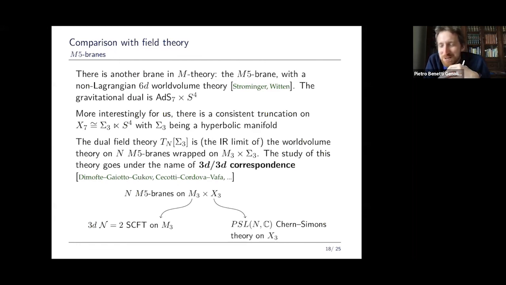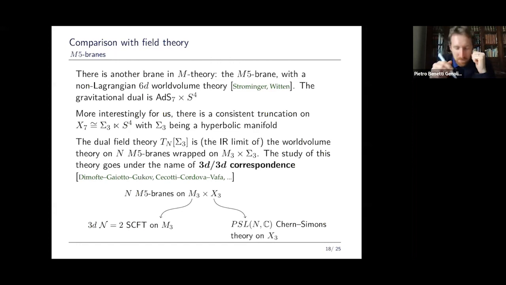Cool. These are just words that fill your mouth and your papers, but don't really have a concrete meaning. Like, can you write a Lagrangian for them? Is that an IR limit of a Lagrangian?